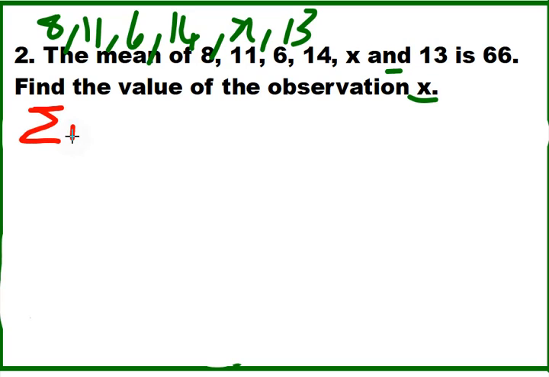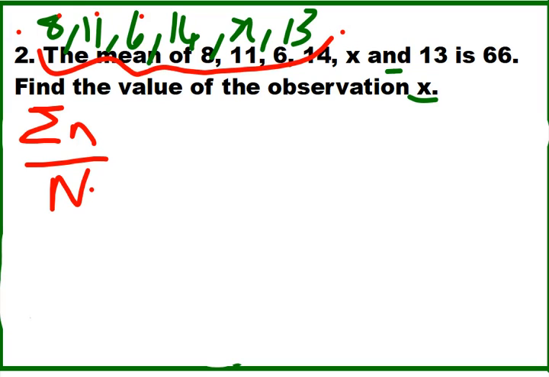If you recall from my previous videos, I introduced the formula sigma n over big N. This big N represents the number of elements in our list, and this sigma n represents the addition of the elements in our list. So let's substitute.